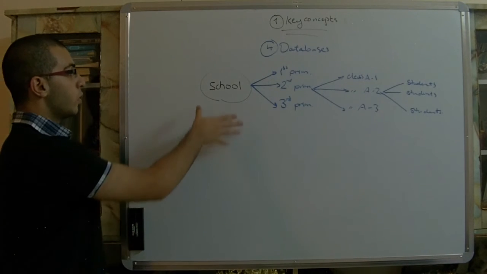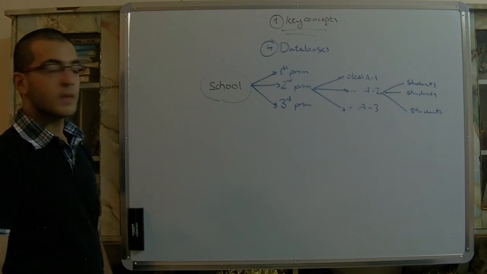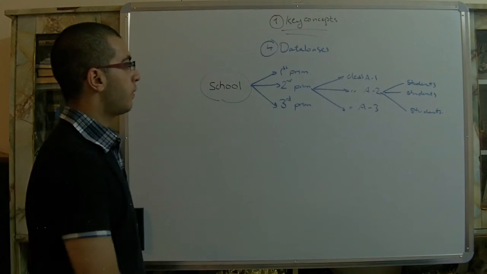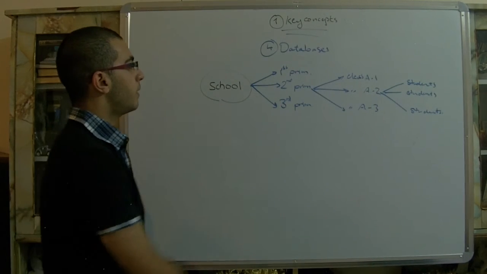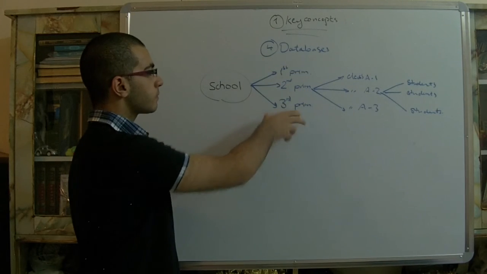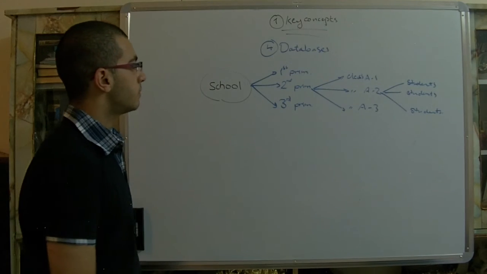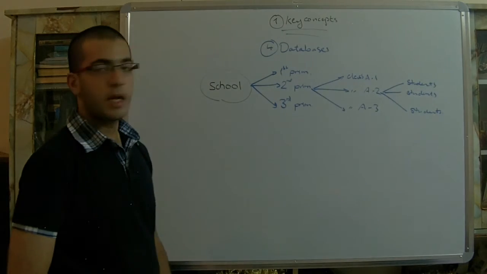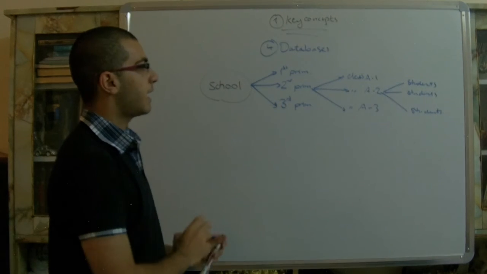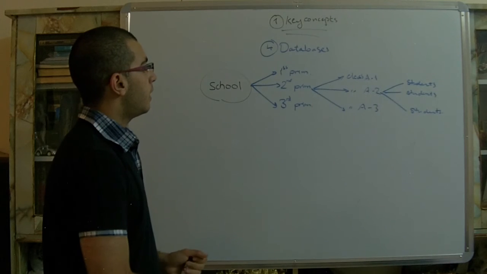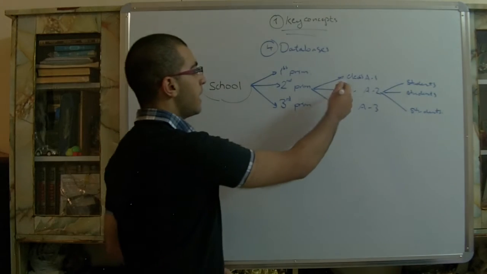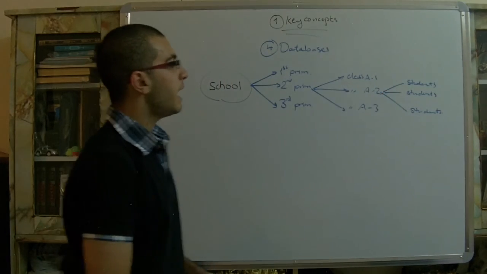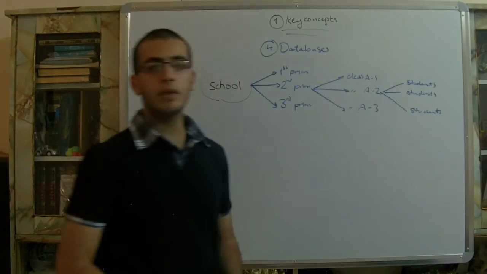So if this school makes a database, and there are only 3 years in this school, there are 3 tables: first primary, second primary, third primary. In each table there are classes, and in every class there will be students, and every student has certain data.